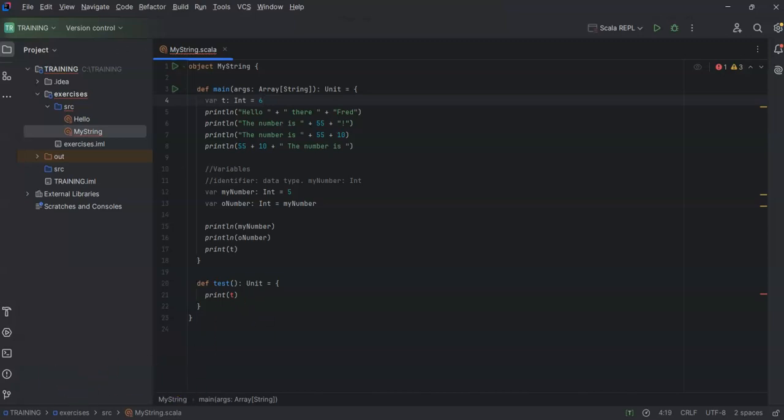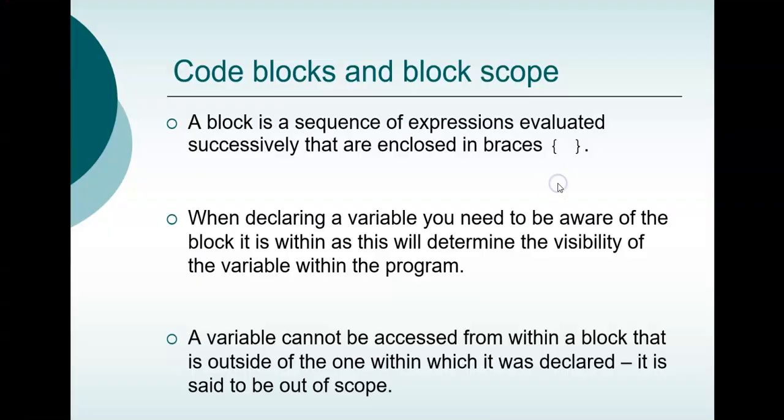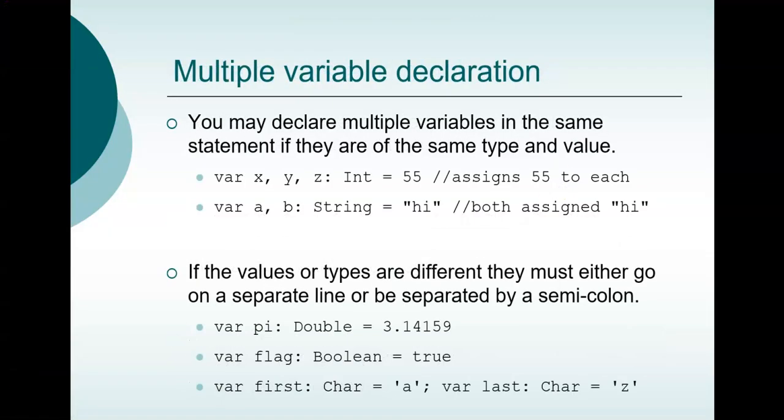Okay, so now let's continue. Now let's look at declaring variables. We can have multiple variable declarations. When you look here, we have var x, y, and z with data type Int, which has been assigned 55.